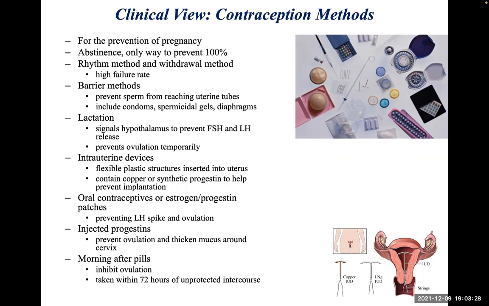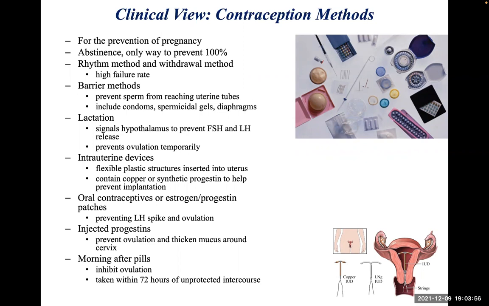The methods that don't include hormones include barrier methods, like condoms, diaphragms, and spermicide gels, where sperm is prevented from ever coming into contact with a secondary oocyte.